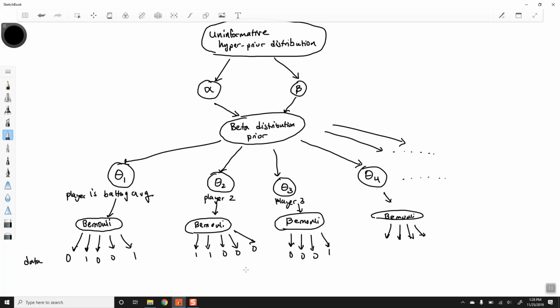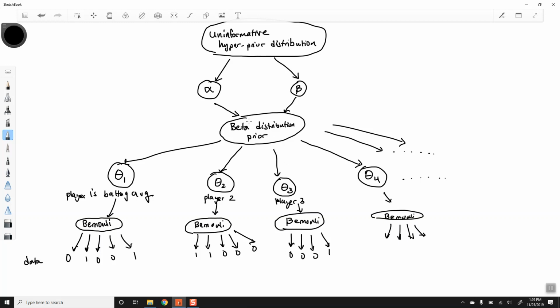Does this diagram make sense? So we're talking about multiple players, and each player is generating hits or misses. But we're assuming that those hits or misses are not totally random, but are determined by a Bernoulli distribution with some unknown parameter value theta 1, which itself has been drawn from a beta distribution.